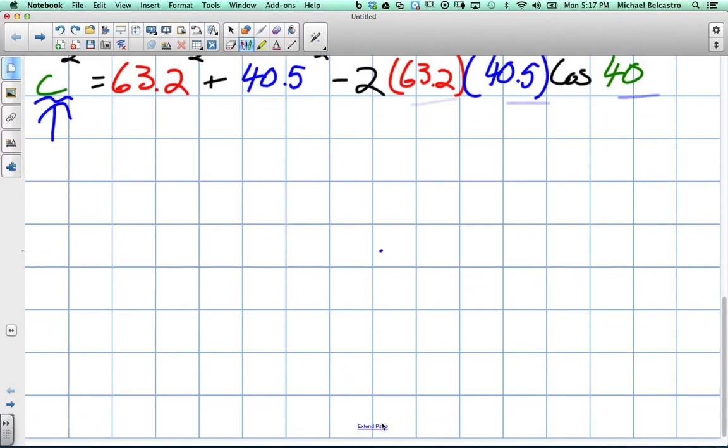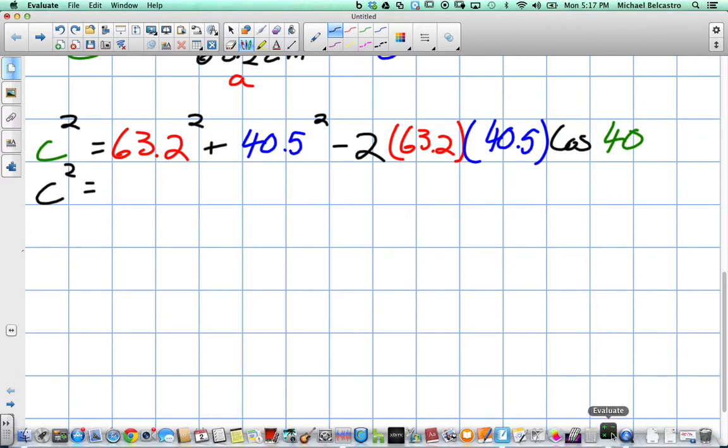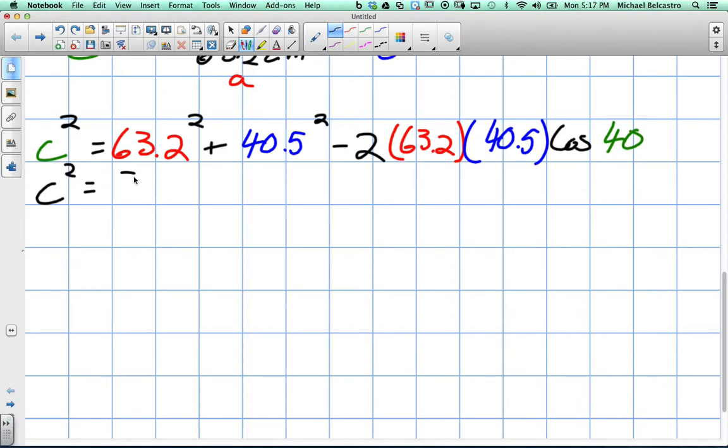Okay, so let's focus on this. C squared is going to stay as C squared all the way through. I'm going to write everything in black from here on in. So C squared is still equal to, and we'll use our calculator to figure out the rest of this. 63.2 squared equals, I'll write the number 3994.24.